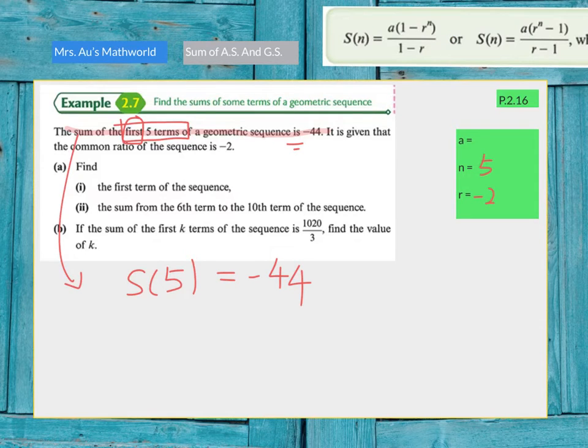So the step is basically like this: negative 44, put it here first, and then put it inside the formula, a times 1 minus negative 2 to the power 5. It doesn't matter whether you use round bracket or square bracket, but you need to remember how to calculate the bracket inside.